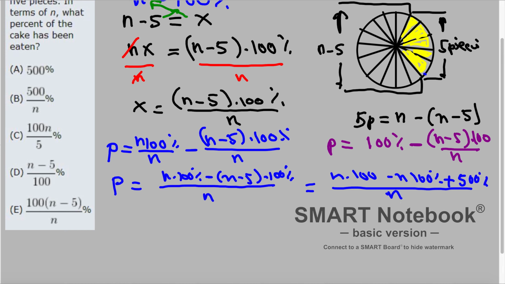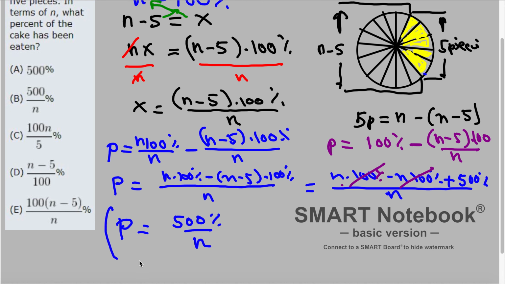But now, n times 100% and minus n times 100% are the same term with different signs, so we can cancel. And finally, what remains is p equal to 500% divided by n.